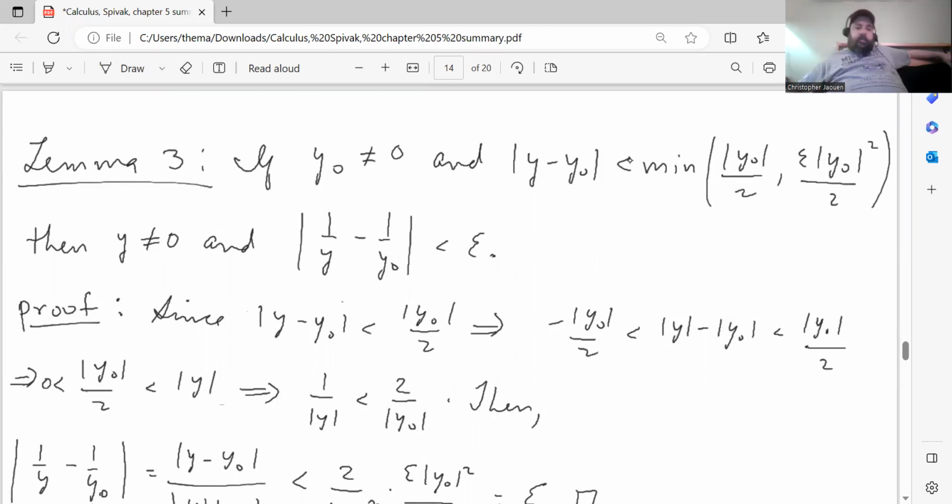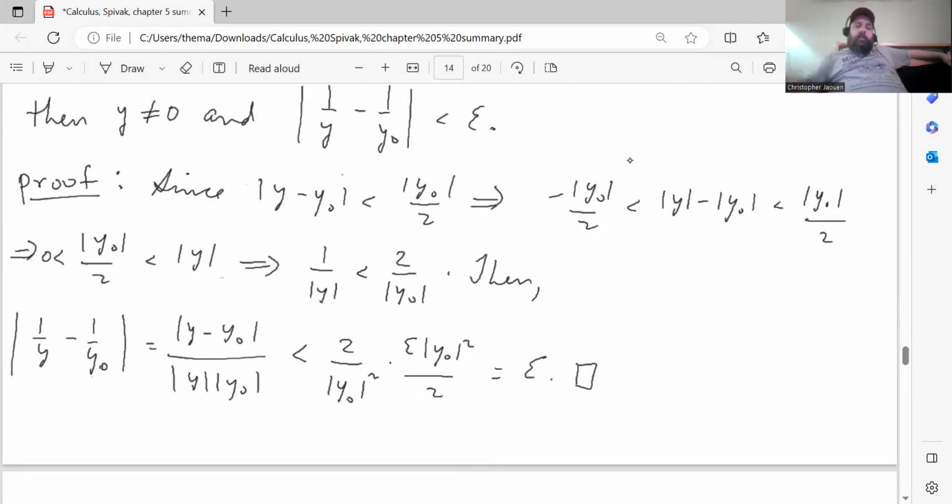Okay, here's the proof. So since absolute value y minus y0 is less than absolute value y0 over 2, that implies that negative absolute value y0 over 2 is less than absolute value y minus absolute value y0. Again, that's by triangle inequality. And that's less than absolute value y0 over 2.